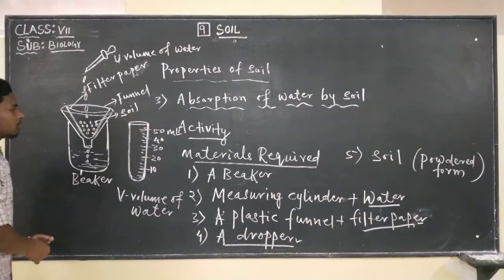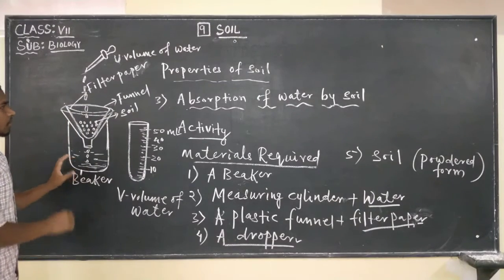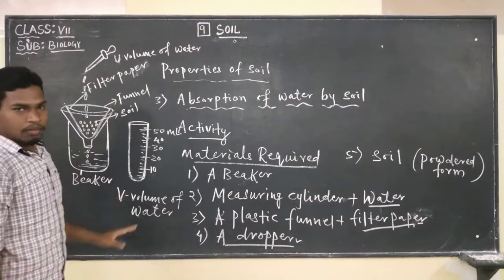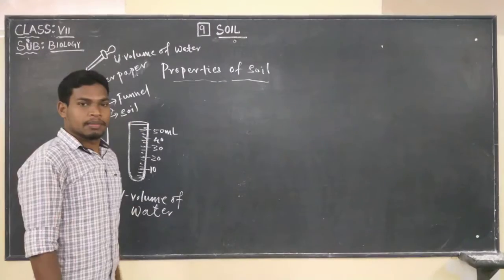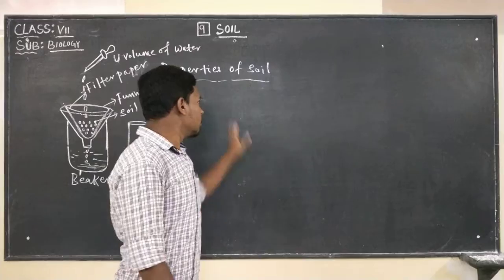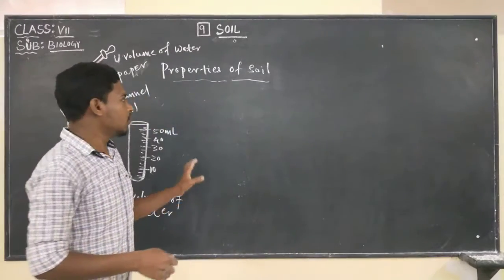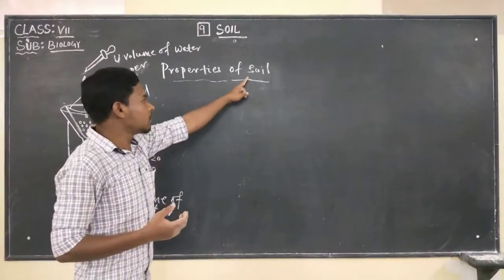Okay, final volume of water. Now we will see by equation whether the soil has absorbed water or not, or whether the water is retained in the soil or not.